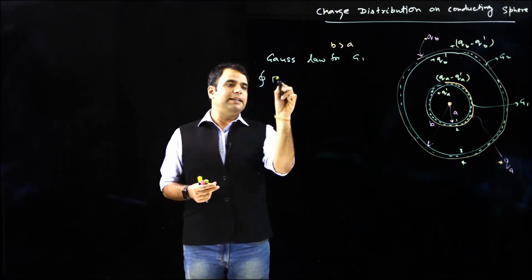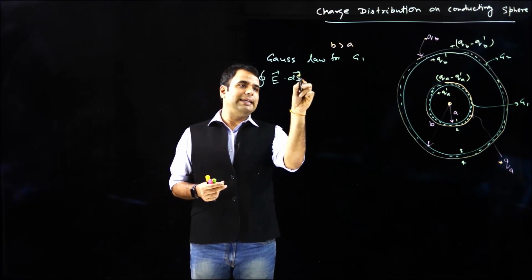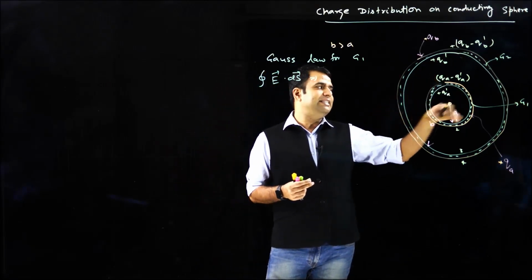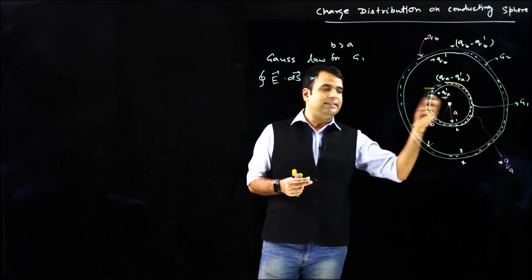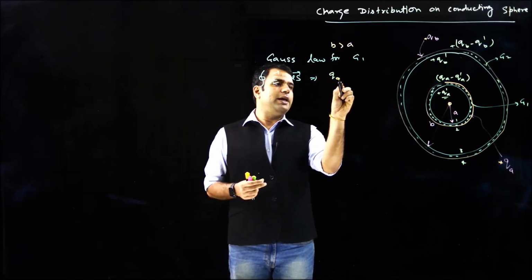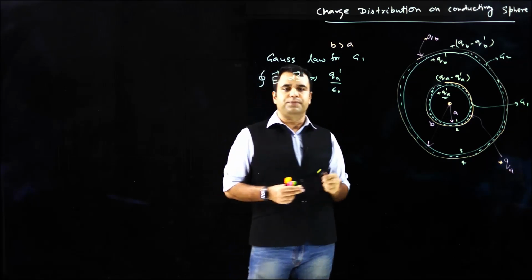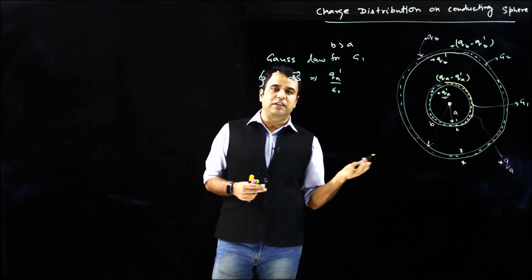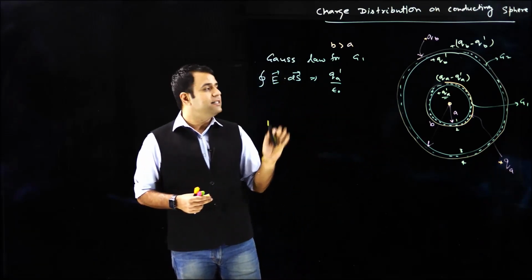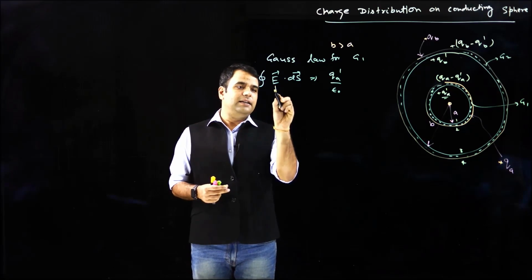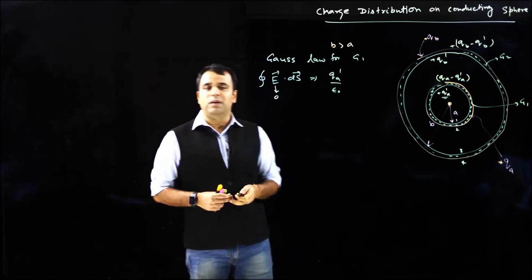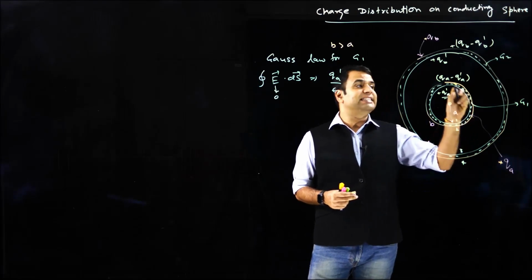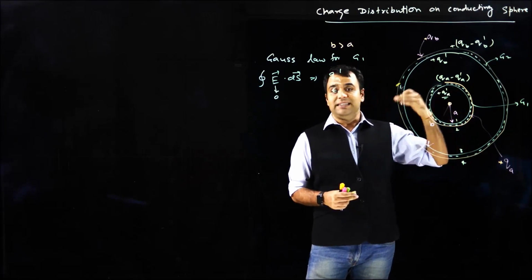Applying it, it is the integral of E dot ds, and that equals Q in upon epsilon naught. Inside this G1 Gaussian surface, the charge is QA dash, so QA dash upon epsilon naught. Now since this Gaussian surface is completely inside a metallic spherical shell, E at each and every point will be 0, since every point of this Gaussian surface is inside the conductor.